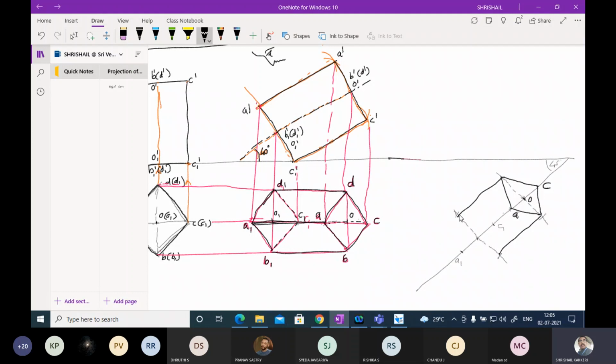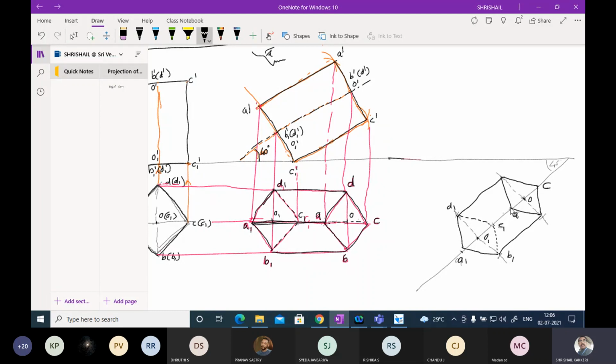And next, this will be a dotted line. This will be C1. And this is a dotted line, and this is point B, B1, and this point is D, it is D1, and join this. So this point is A1, already you know it, and this point will be O1.